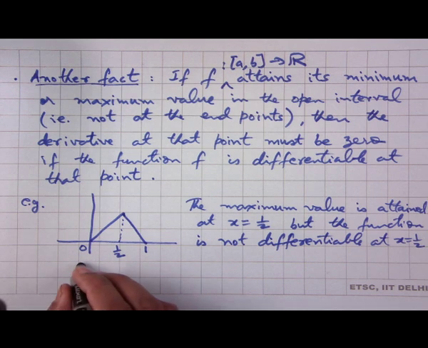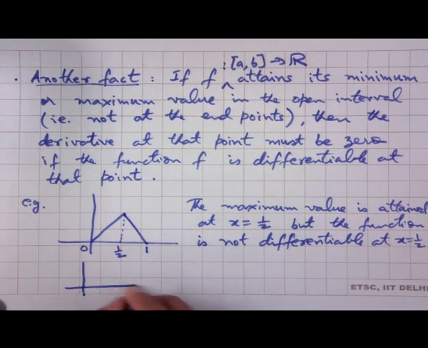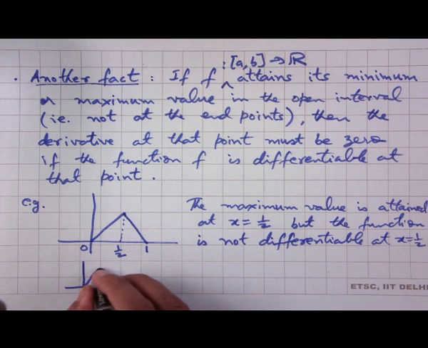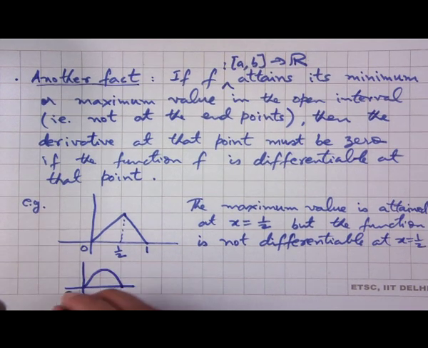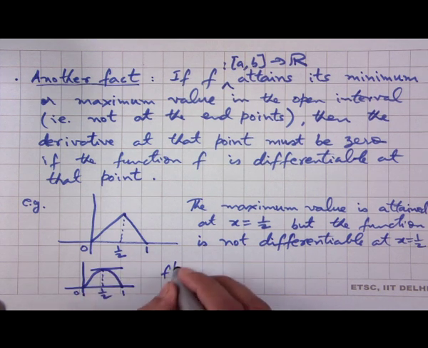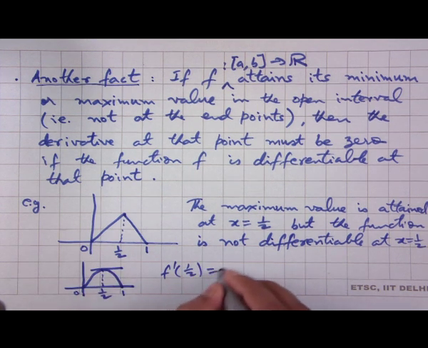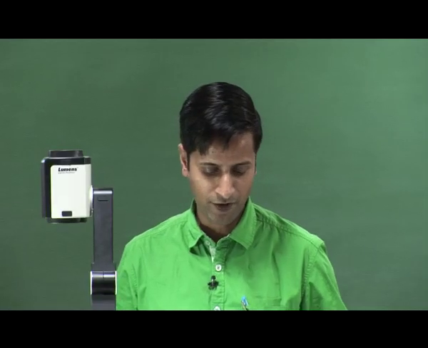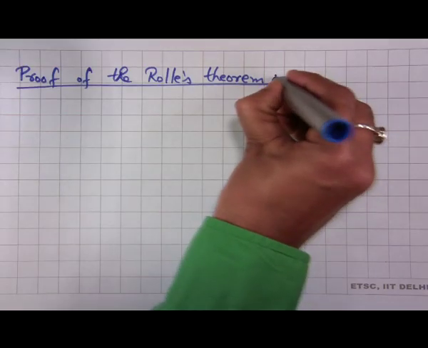Whereas, if I have the function to be differentiable, if we have something like this, then here again the maximum value is at half. Here if you see, f prime of half is equal to 0. So, we will use these facts to prove Rolle's theorem.